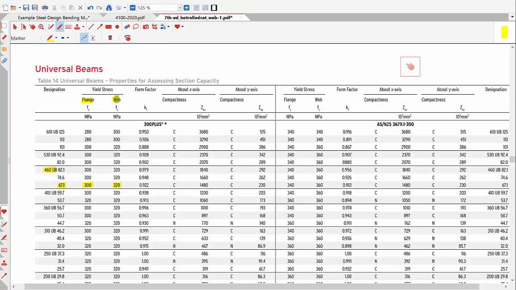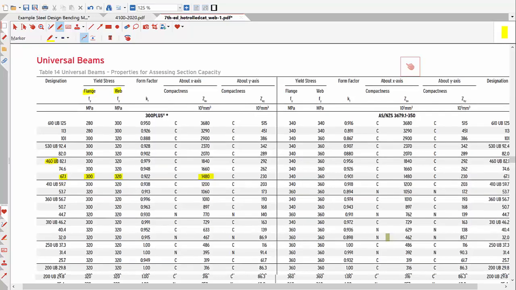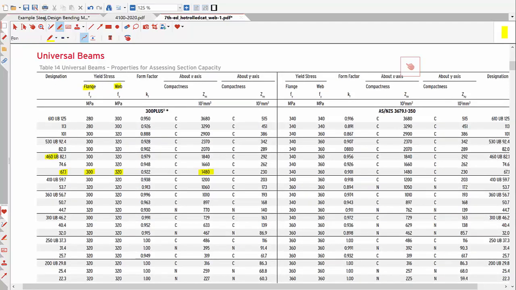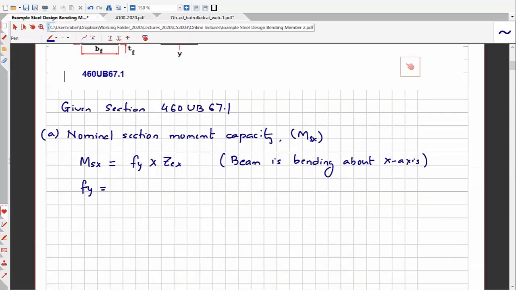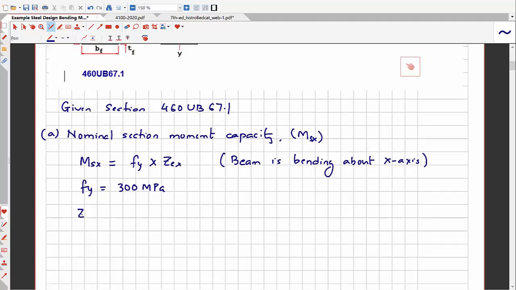Also we have ZEX for bending about the x-axis. The effective section modulus about the x-axis is 1480, from the universal beam properties table. So let's write it down. Fy, the smaller between the flange and the web, is 300 megapascal, and the effective section modulus, ZEX, is 1480.